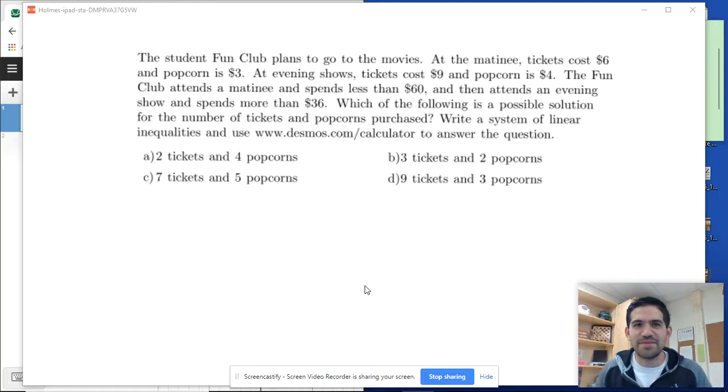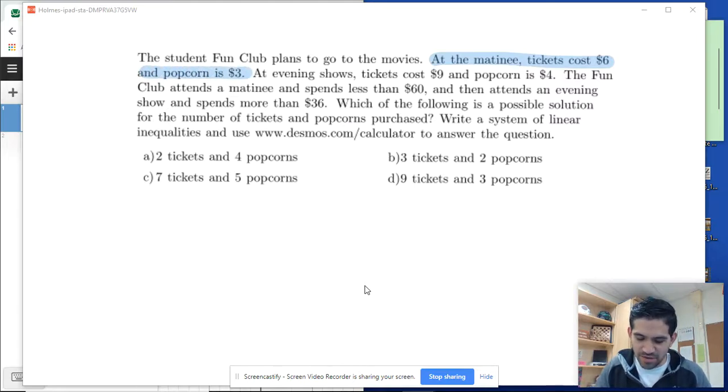We're going to highlight the important things here first. I'm going to separate these into two parts, the matinee showing and the evening showing, because those two are going to have different costs. At the matinee, tickets cost $6 and popcorn costs $3.